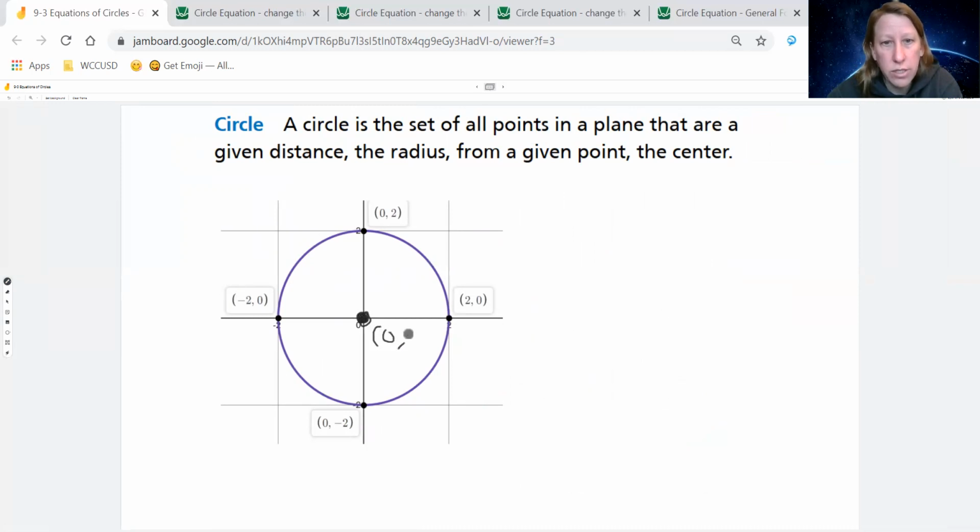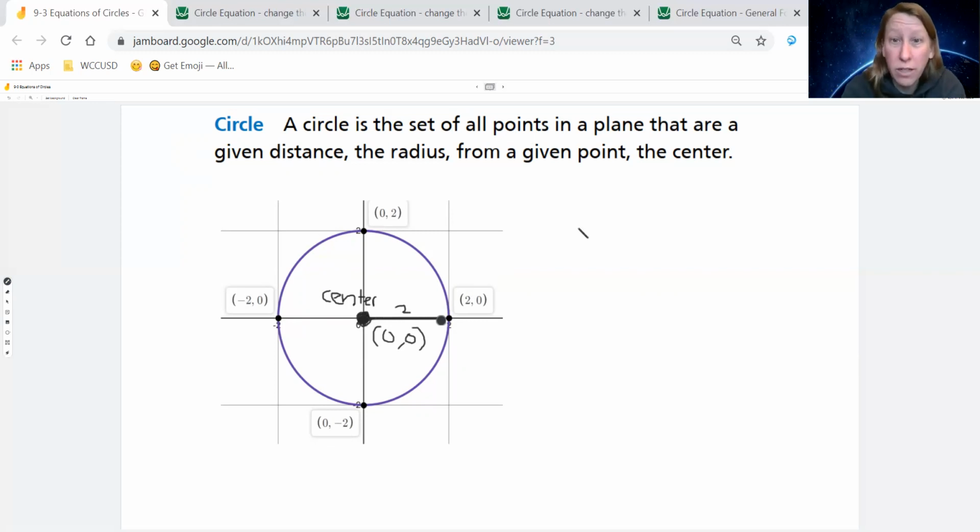Well, this is the origin, so the coordinates of the center are 0, 0. That's the center. Okay, and how can I find the radius? Well, this one's set up really nicely. From here to here is the radius. And in this problem, how long? From 0 to 2 is 2. So this circle has a center at 0, 0, and it has a radius of 2.